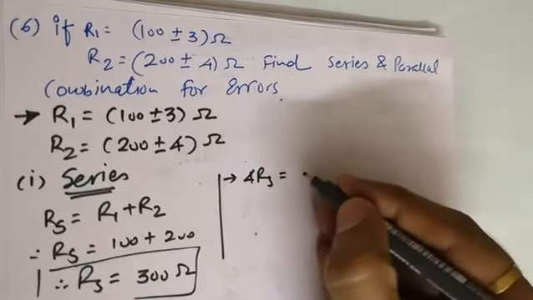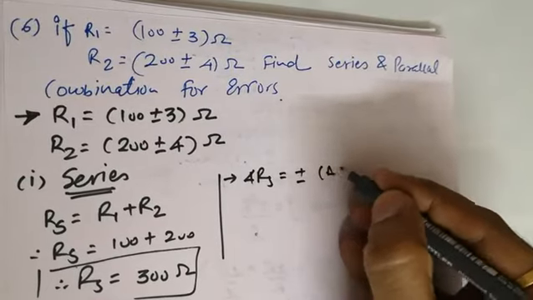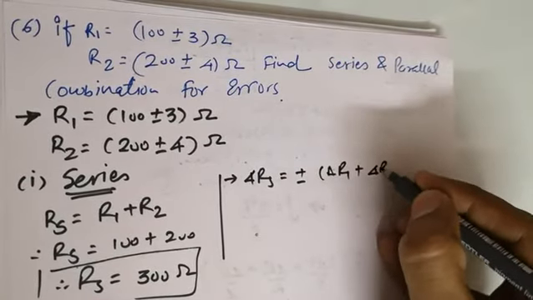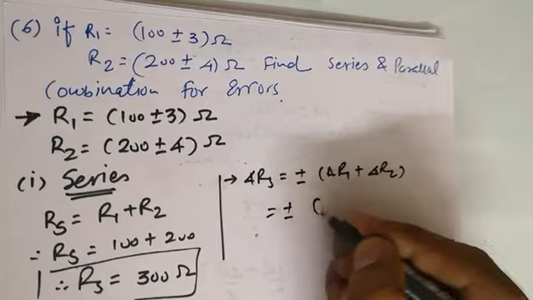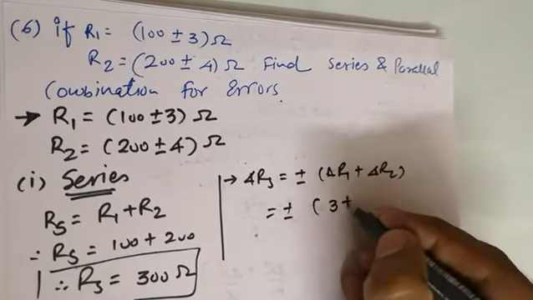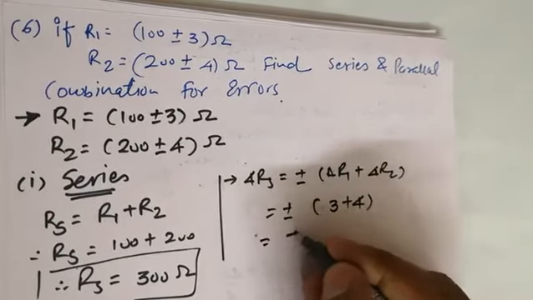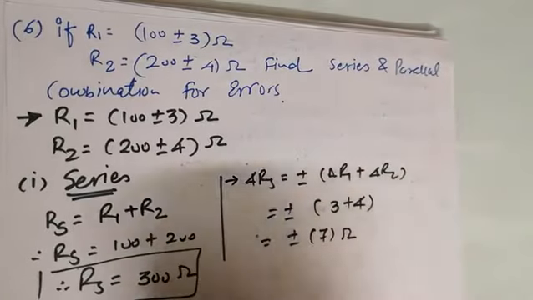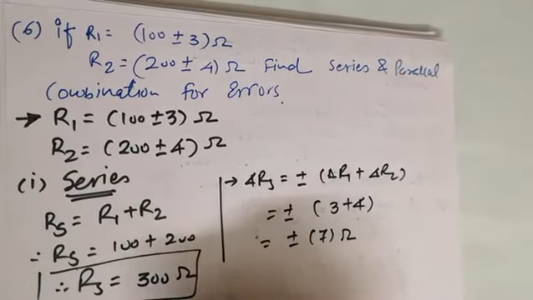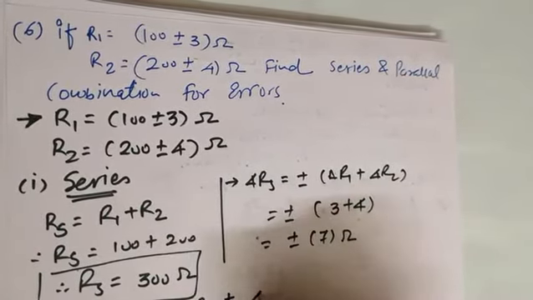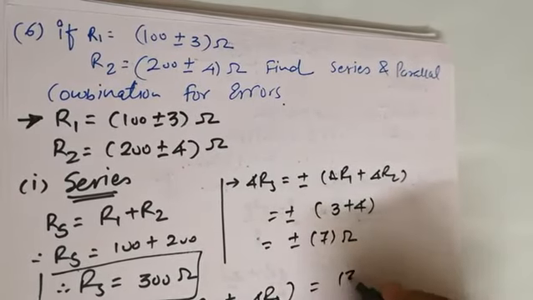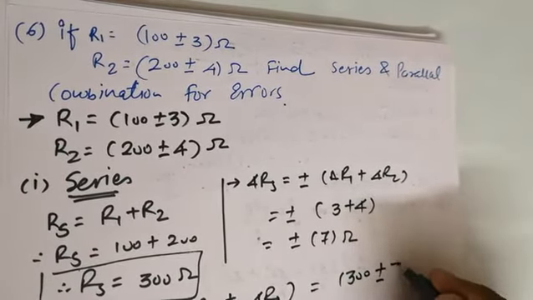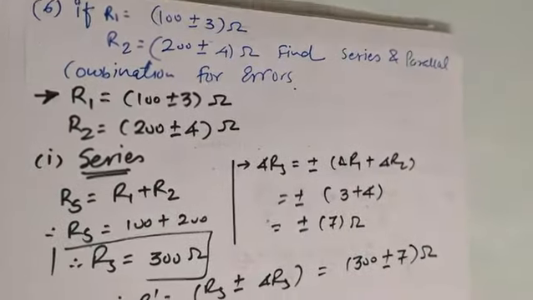I can place plus or minus here, it is also valid: delta r1 plus delta r2. So plus or minus 3 plus 4, so I have plus or minus 7 ohms. So I may write that R dash equals Rs plus or minus delta Rs, which is represented as 300 plus or minus 7 ohms. This is the simplest one.